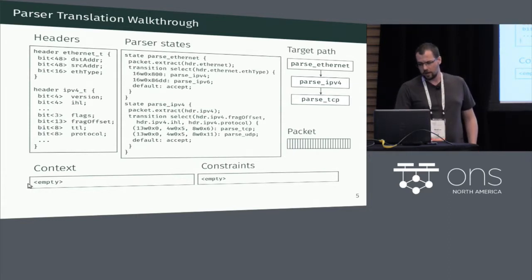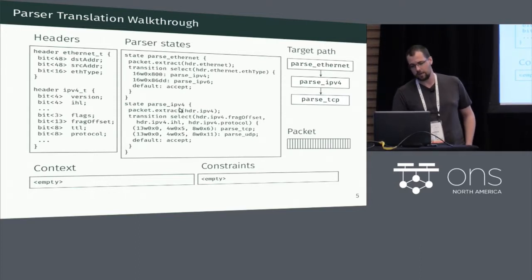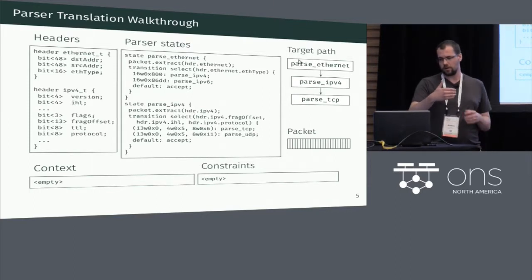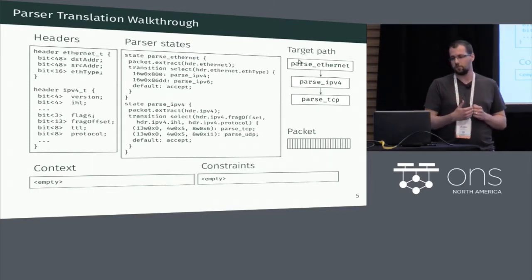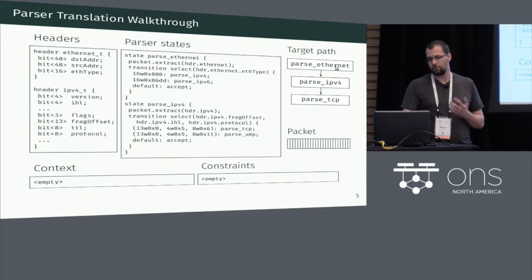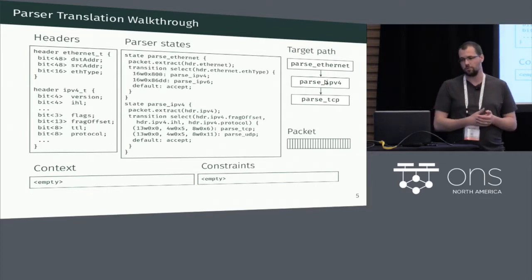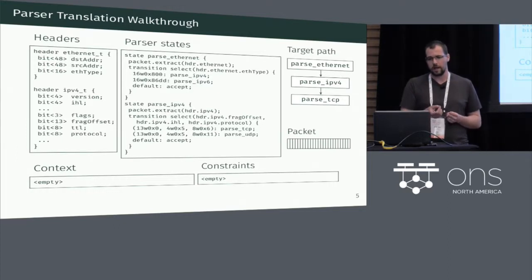In our case, we have two parser states, parse Ethernet and parse IPv4, and we are given a target path that we want to follow. In this case, we want to go from parse Ethernet to parse IPv4 to parse TCP, and we want to generate the constraints for that path.